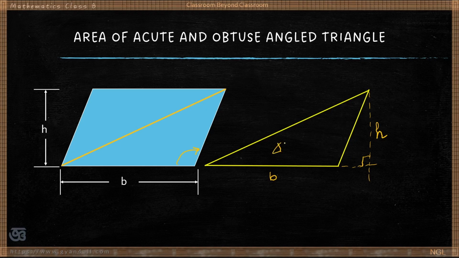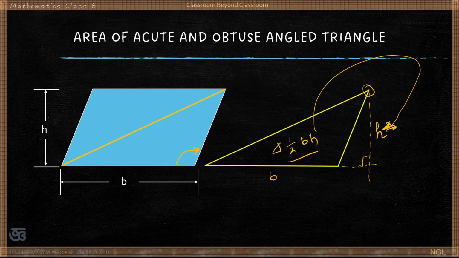So the area of the triangle is the same, half into b h. The only thing is how we get this h. In this case, we have to construct a perpendicular from the apex to the extended base.